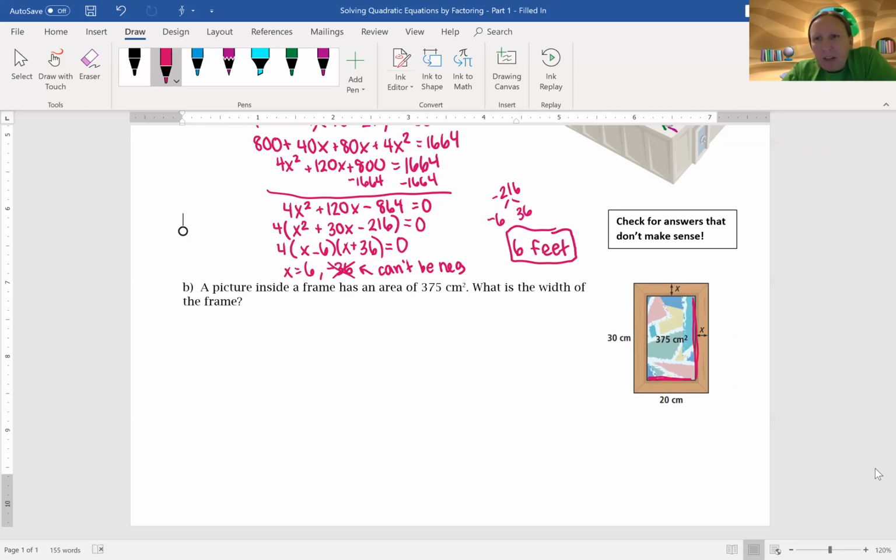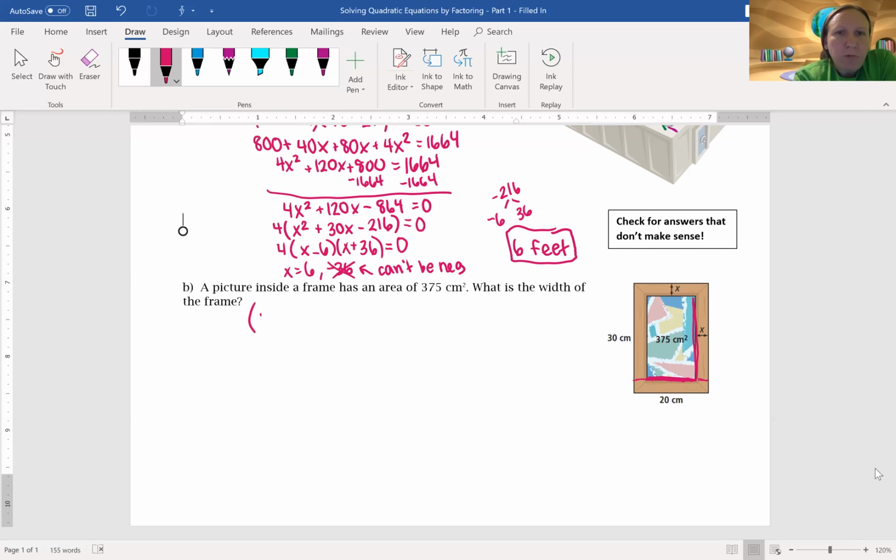And to do that, we're going to use the fact that we know this entire width and that there's an x there and an x there that we don't want to include when we're trying to figure out the width of that inside area.